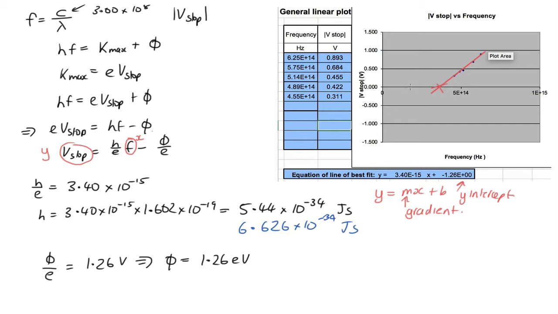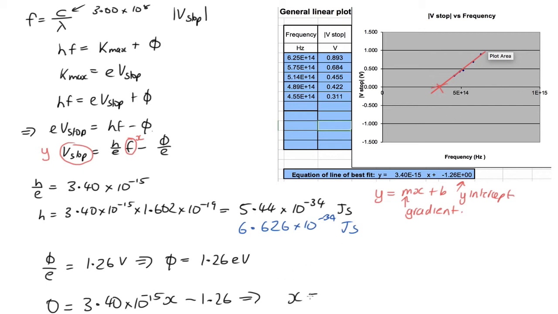So in order to calculate what that cutoff frequency actually is, this is the point at which the stopping voltage, the y value, is equal to 0. So we set this y to 0 here. So we've got 0 equals 3.40 times 10 to the minus 15 x, minus 1.26. So we solve this to work out what x is, and x is our frequency. We plotted frequency on the x-axis.